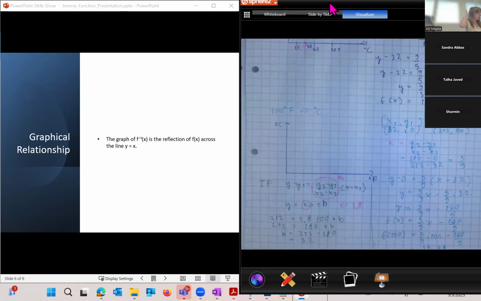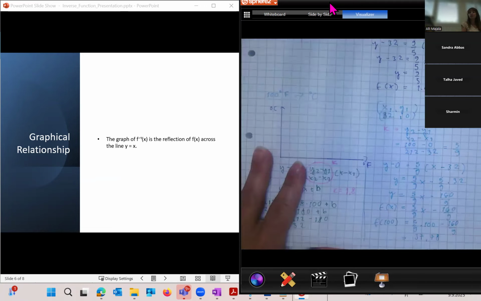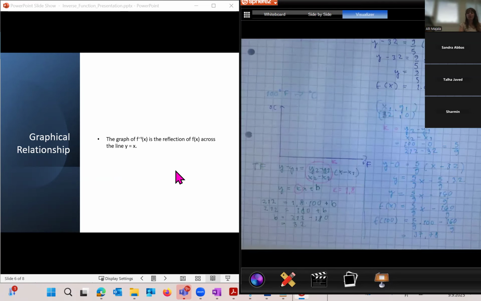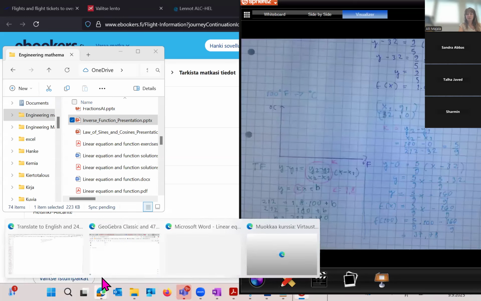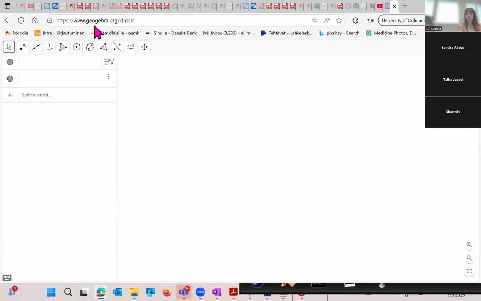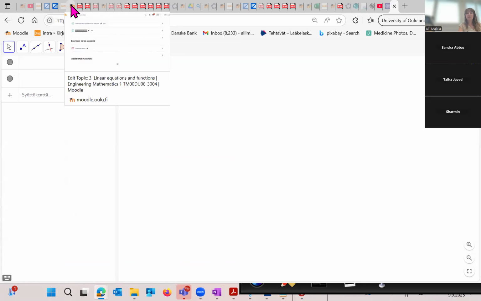Should I try to draw it here? But if the scale is different, how does it look? Okay, I will maybe still do it, but maybe we can progress. Let's put this away, and then we need the other course here. Maybe this.